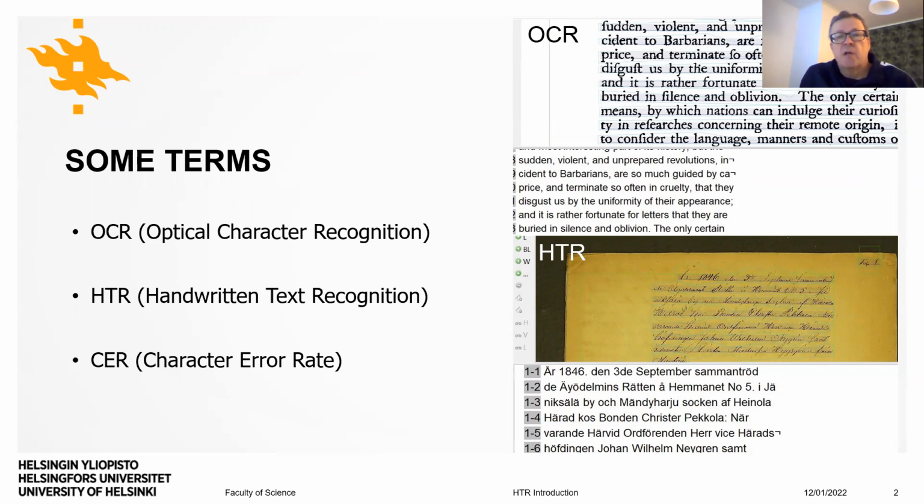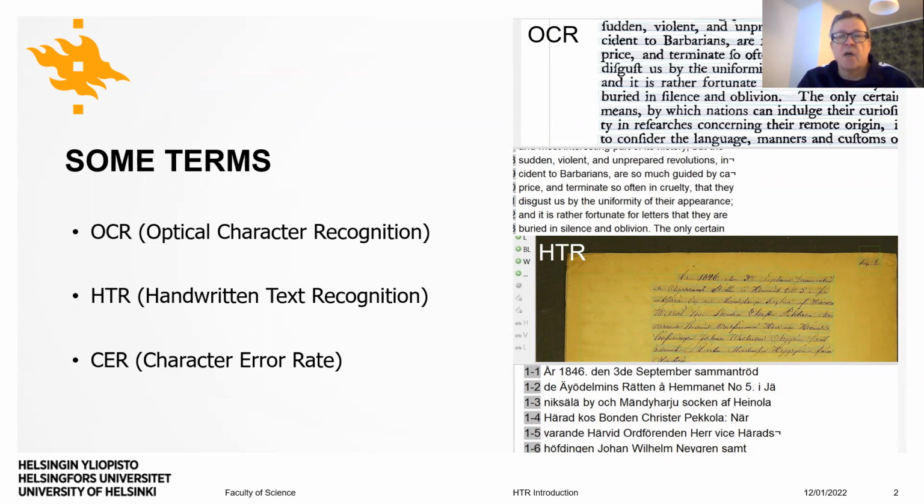Methods are very similar, although the variety of different characters in the printed text is much smaller due to the nature of printing. In HTR, every scribe has their own style of writing letters, and this makes the HTR task much more demanding.